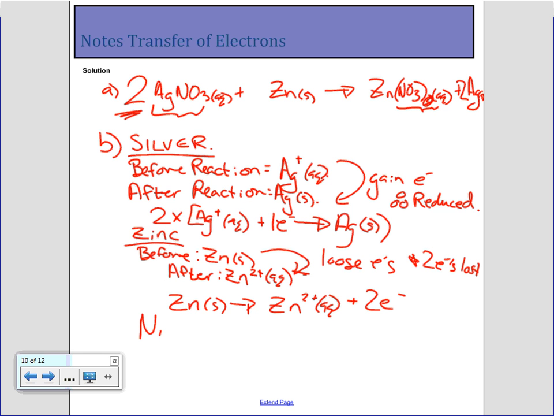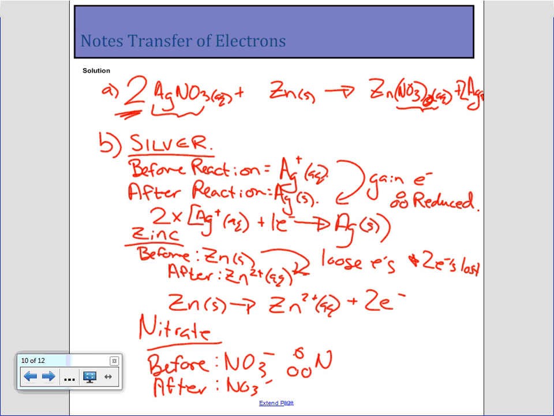I also have the nitrate ion. Okay, before the reaction, it's NO3 negative. After, it's NO3 negative.